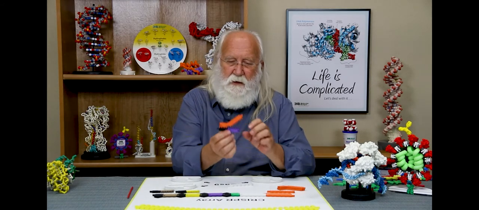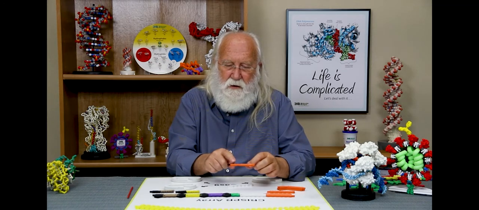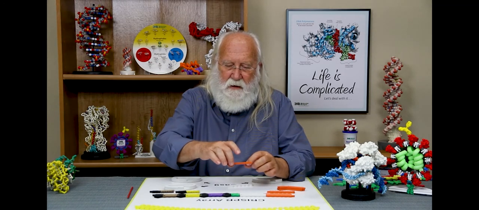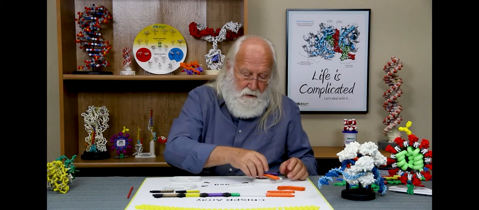And what I've just said is that the tracer RNA is the name we give to this orange piece. The tracer RNA is complementary in sequence to a portion of the short palindromic repeat, and then that dual RNA is bound by a Cas9 protein.